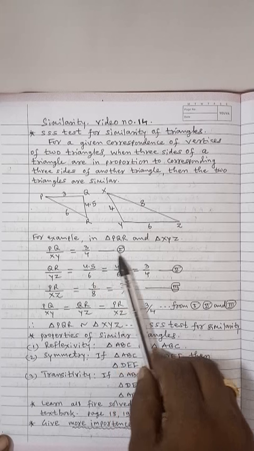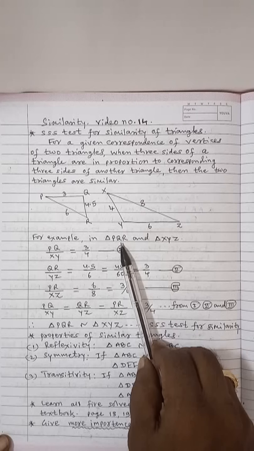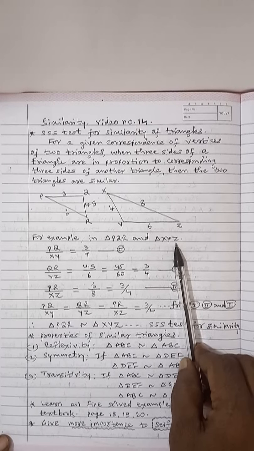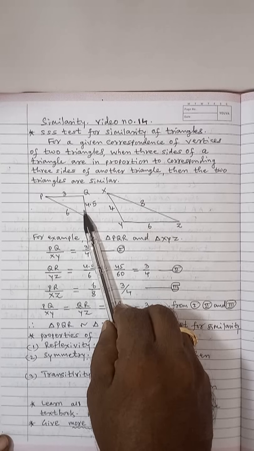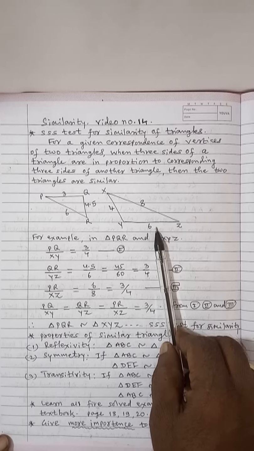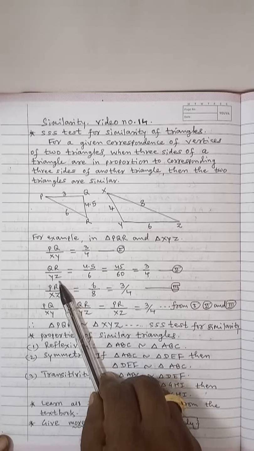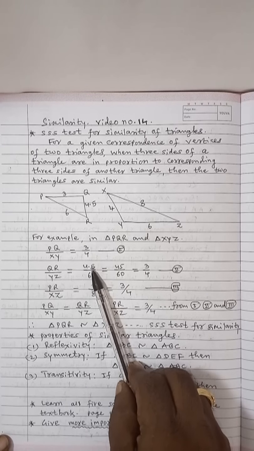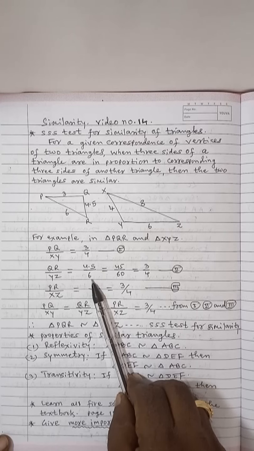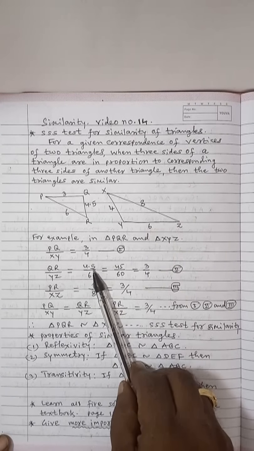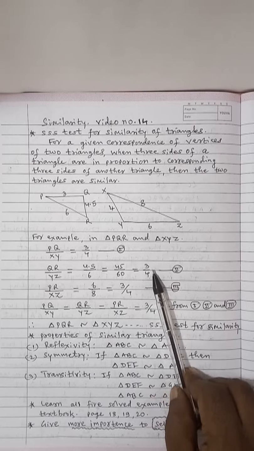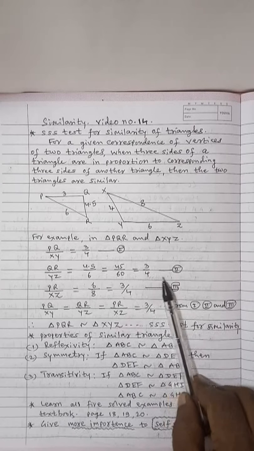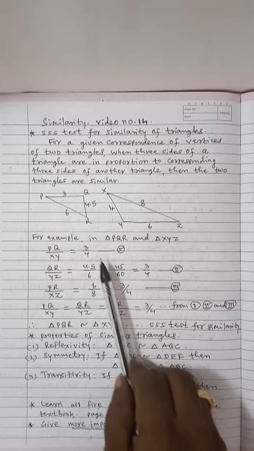So 3 upon 4, result number 1. QR upon YZ, ratio of corresponding sides. QR is 4.5, YZ is 6. So QR upon YZ is equal to 4.5 upon 6. Multiplying numerator and denominator by 10, we get 45 upon 60, and that gives us 3 upon 4, result number 2.